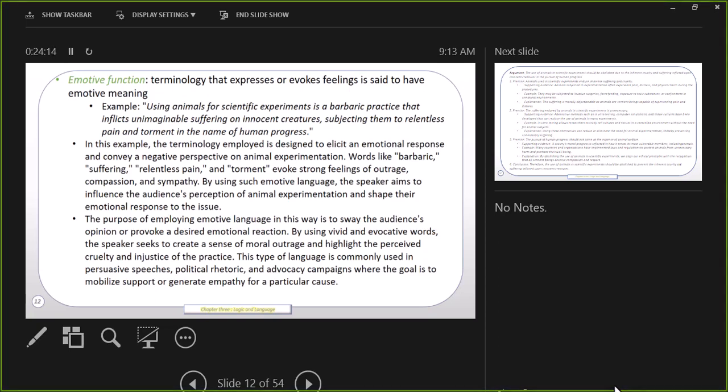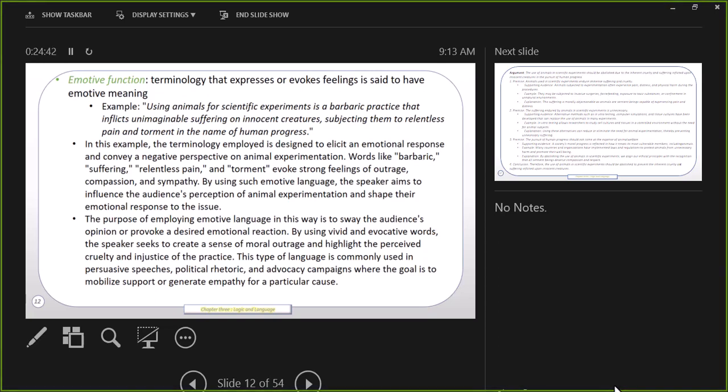What is a value claim? The value claim, in a nutshell, is what? A claim or a statement or an assertion that asserts something is good or bad, something is right or wrong. So what is that something which is intended to be asserted as good or bad in this passage?